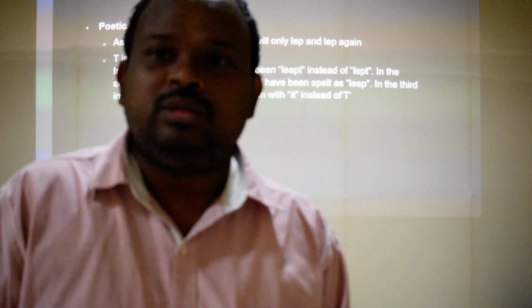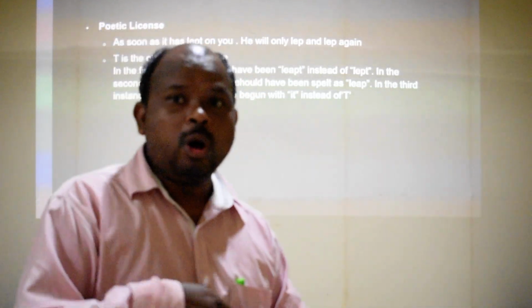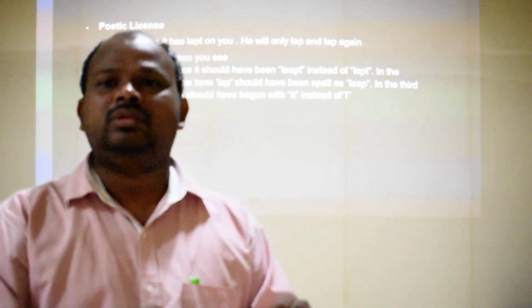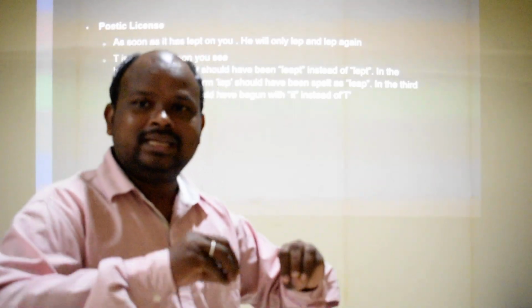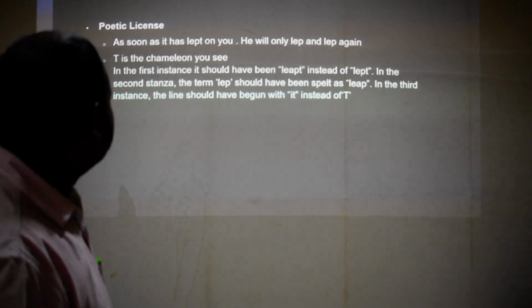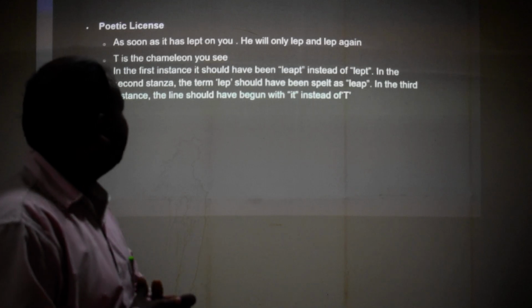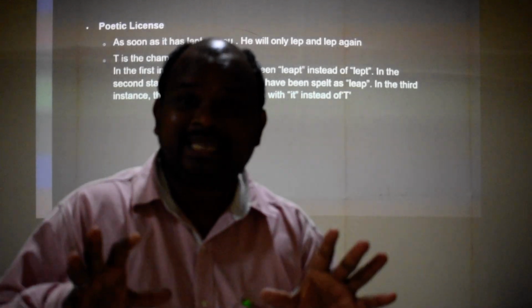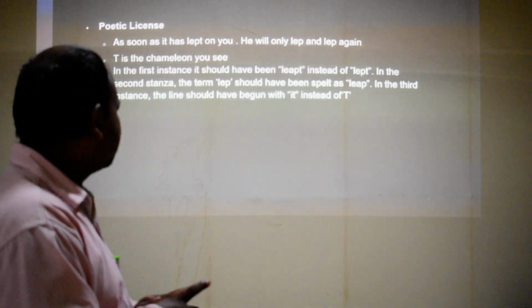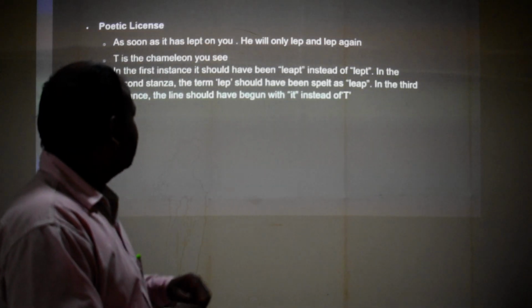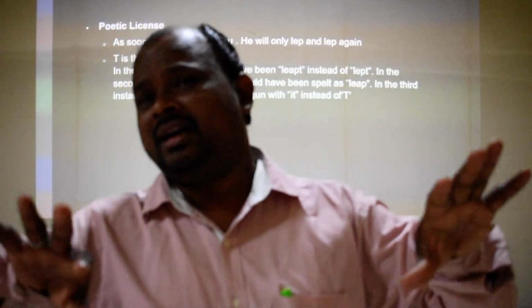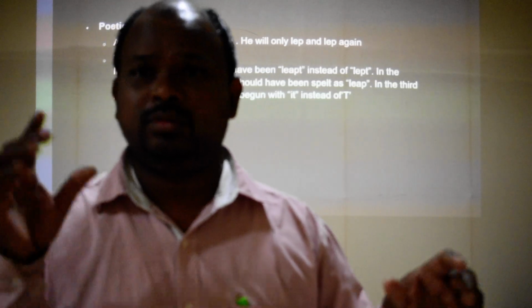They can alter the words, which may not be the real word, according to the sound and rhythm. Here, the word T is used for the chameleon, actually supposed to be it, but only the word T is used. Again, there we have lit instead of left. So these are the poetic devices the poet uses in this poem.